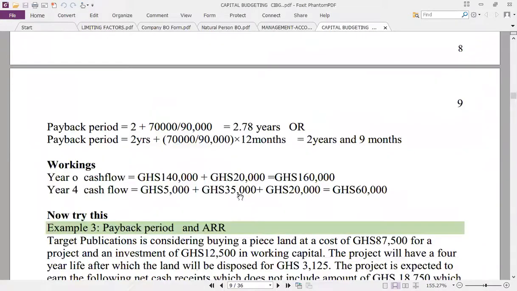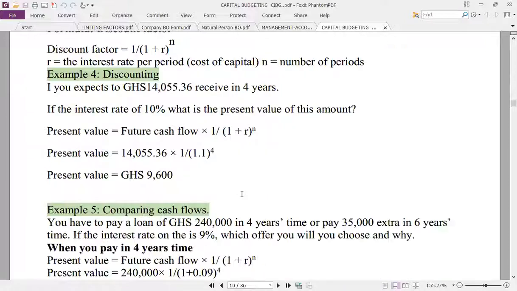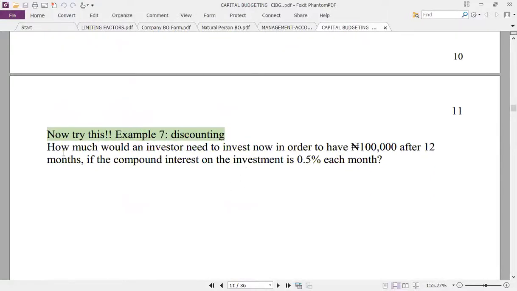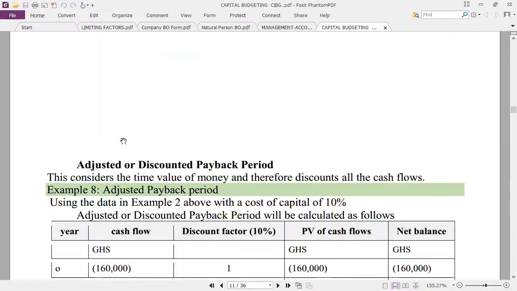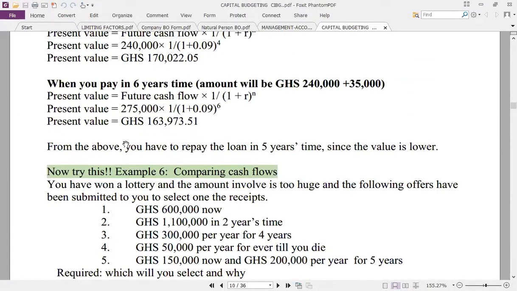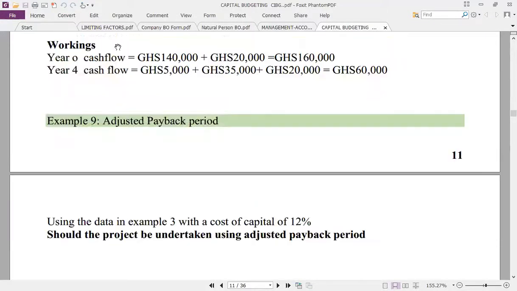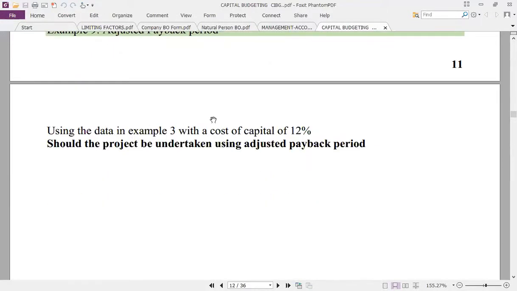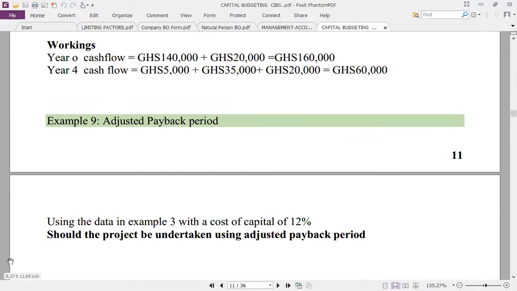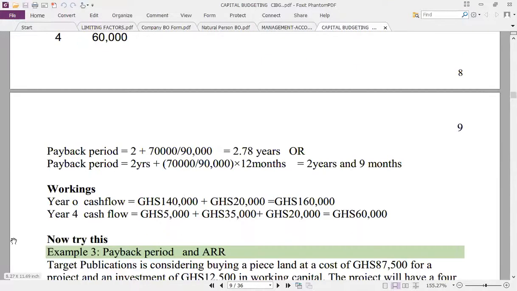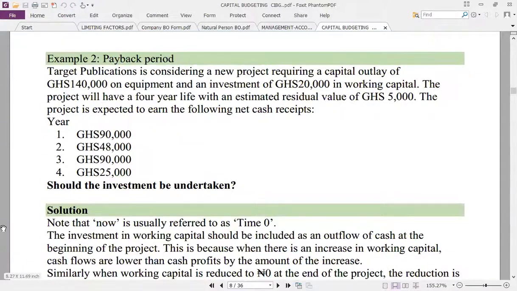Okay, so the cost of capital was not given. Using the data in example 3, let's assume that the cost of capital is 12% from the example that we are doing.